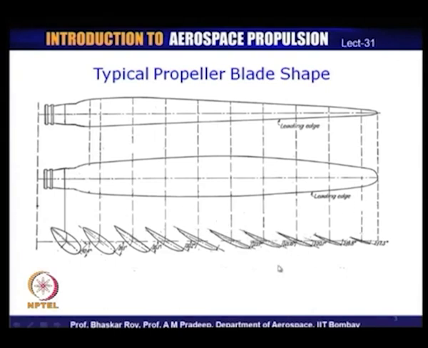Let us say this particular aerofoil section is at 0.75 of the radius of the entire propeller. If this is the axis of rotation, the radius of the entire propeller is so much, and this is at 0.75 of the radius. This section would be considered the reference radius or reference section of the propeller, and for the design purpose to begin with, it represents the entire propeller.